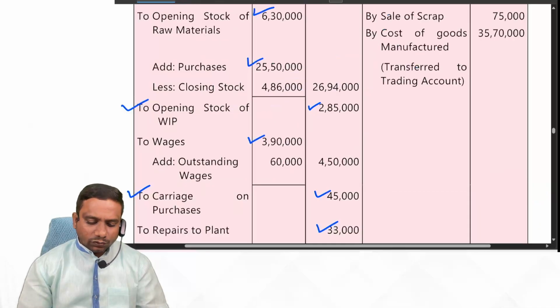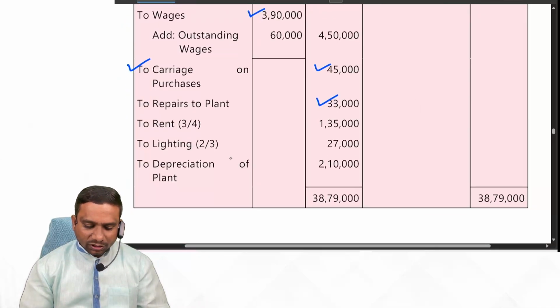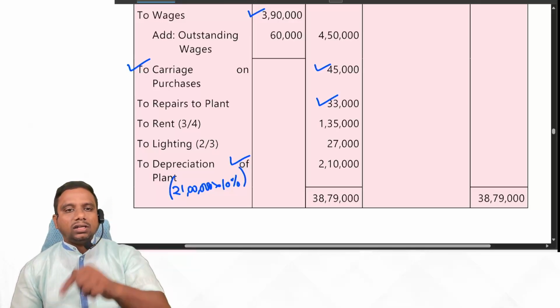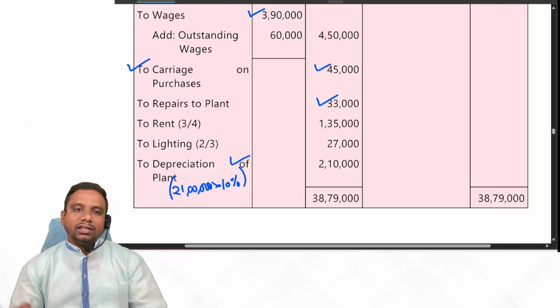Students, this is very important. Depreciation of plant, 21 lakh at 10%. After providing depreciation, on the asset side of balance sheet, plant and machinery is 21 lakh minus 2 lakh 10,000.